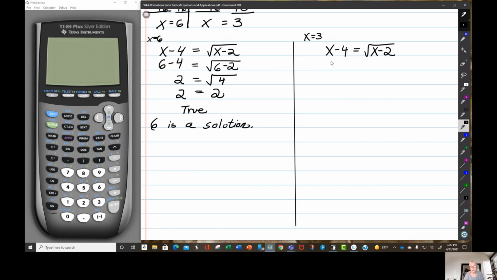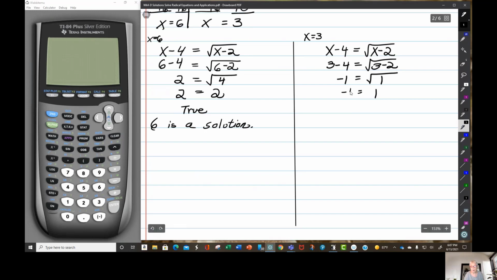Now let's come over here and check x equals 3. 3 minus 4 equals the square root of 3 minus 2. 3 minus 4 is negative 1, equals the square root of 3 minus 2 is positive 1, and the square root of positive 1 is 1.